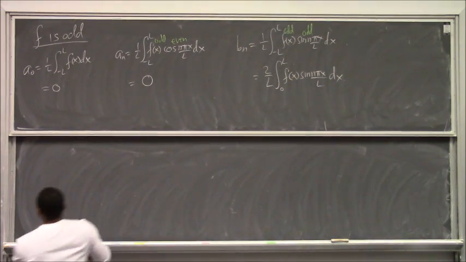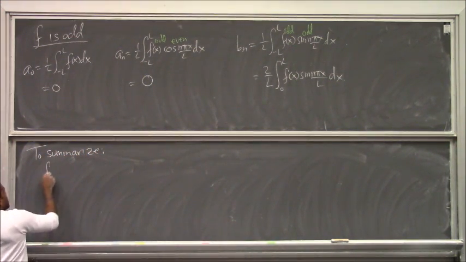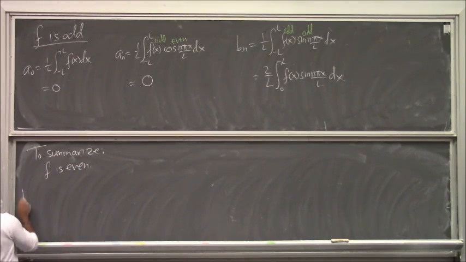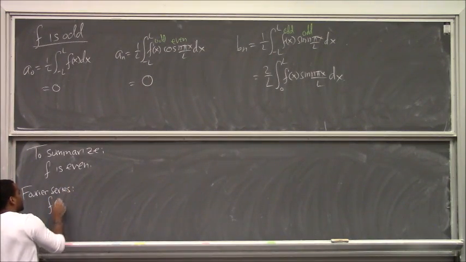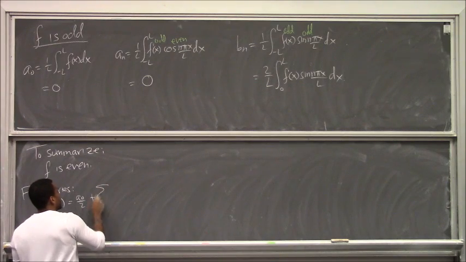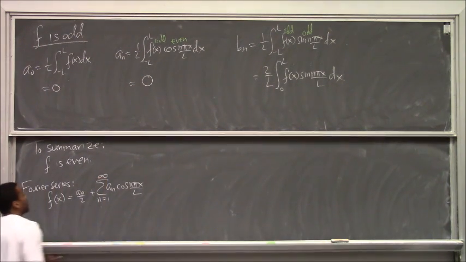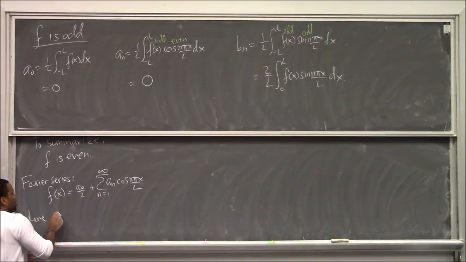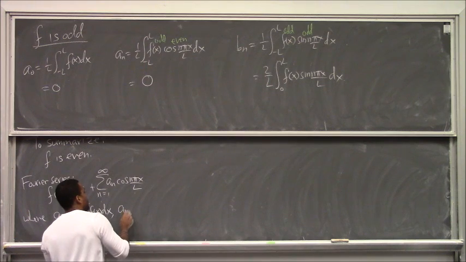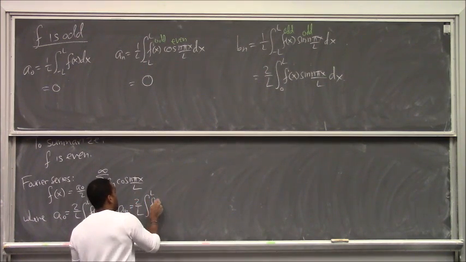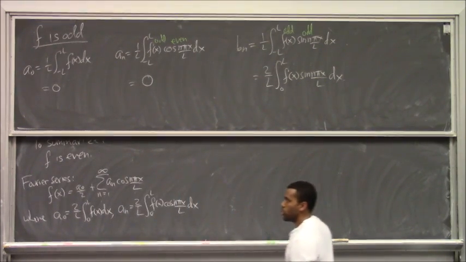So in summary, if f is even, then its Fourier series is going to be f of x equals a0 over 2 plus the sum of an cosine n pi x over L, where your a0 is 2 over L, integral from 0 to L of f of x, and your an is 2 over L, integral from 0 to L of f of x cosine n pi x over L. So there is no sine part to this function.